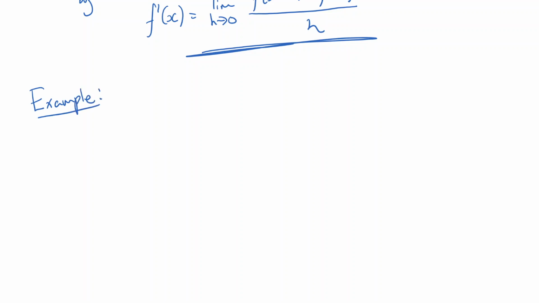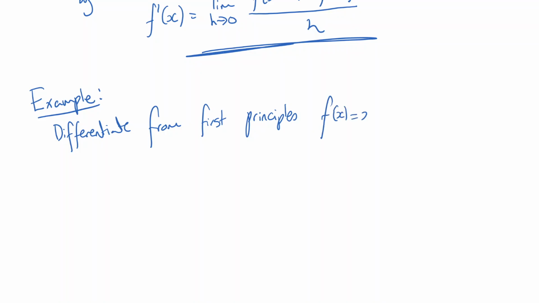So, differentiate from first principles f of x equals x squared. Differentiate, we should put, with respect to x. Okay, so let's start. So we've got f of x equals x squared, right?